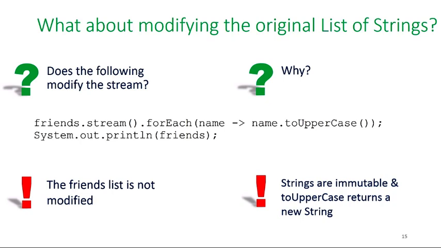You could come at this and say, well, I know that a string object in Java is immutable, so I know you didn't modify the string object that I have in my collection. That's the first level. The second level is, well, you return a new string from this lambda, but you never assign that reference inside the original collection. So that means that you didn't change the reference to the object that contains the first name in your list. So that's not something that is even possible.